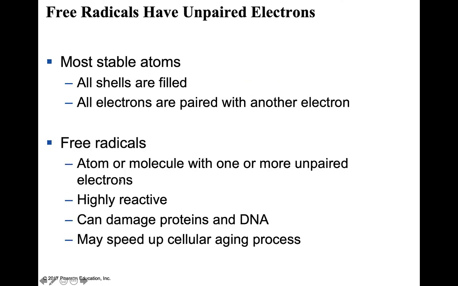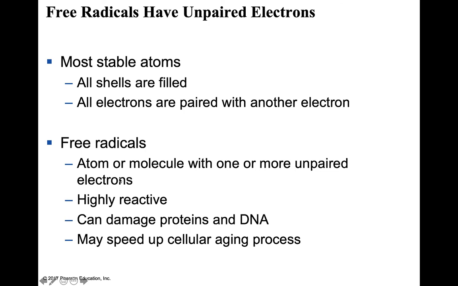Now, the last thing we want to talk about is this concept of free radicals. In the next screencast, we're going to be talking a little bit more about electrons and the importance of electrons and how they contribute to the stability of a particular atom. Now, in most stable atoms, all shells are filled, and all electrons are paired with another electron.